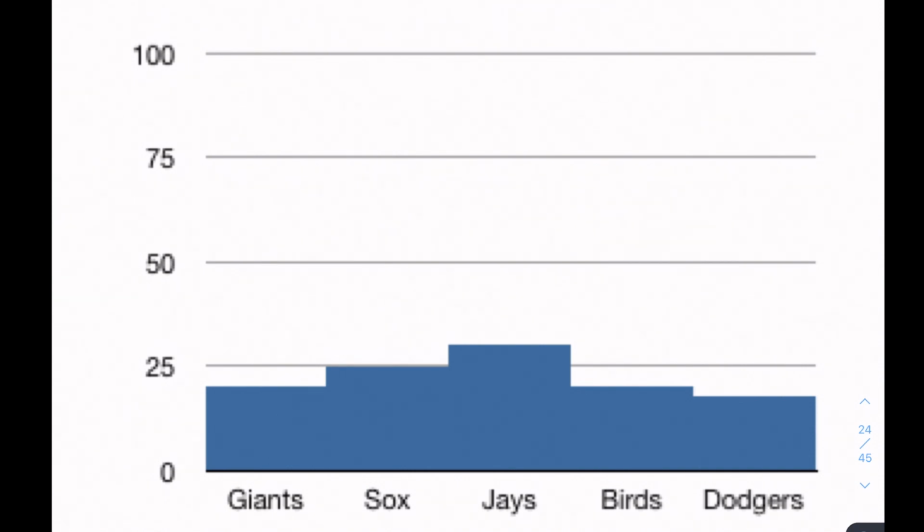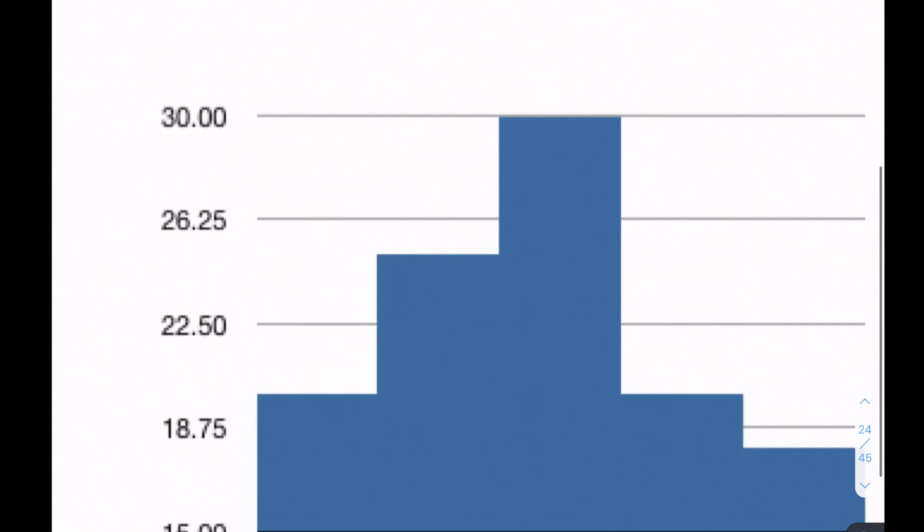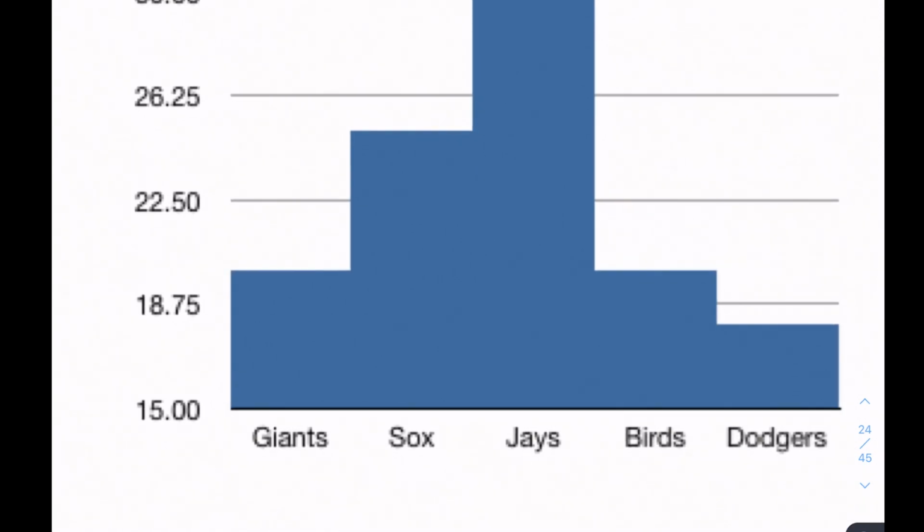It's still the same data, but by changing the scale, we've compressed everything so it looks almost indistinguishable, whereas in this one we were clearly able to see that the Dodgers were about 11 games behind the Blue Jays.